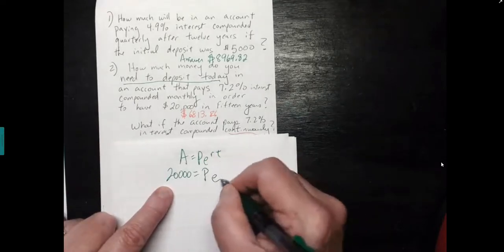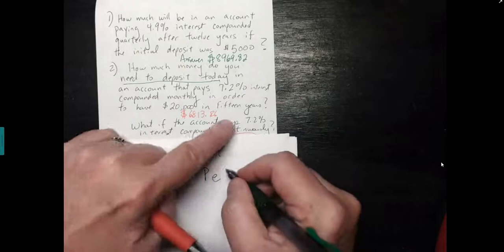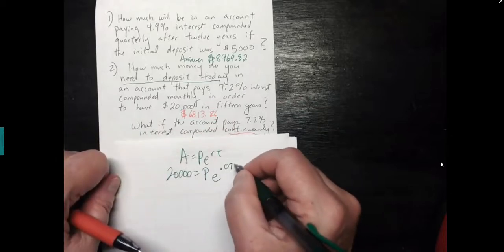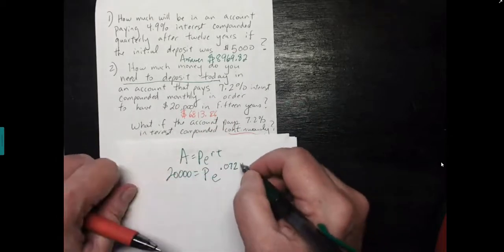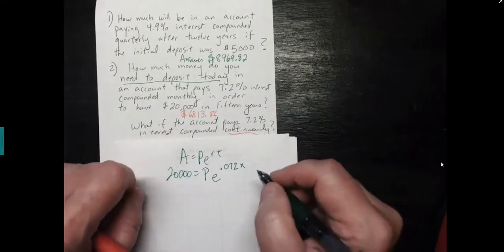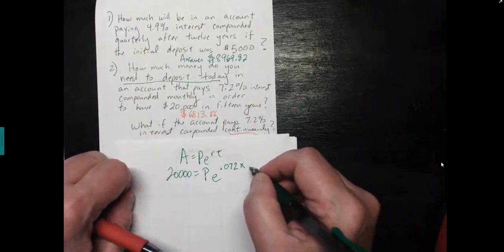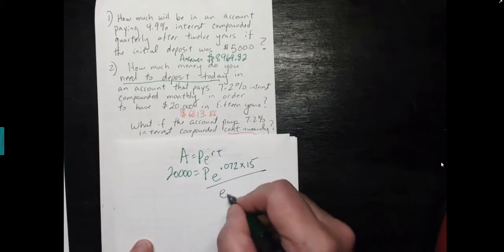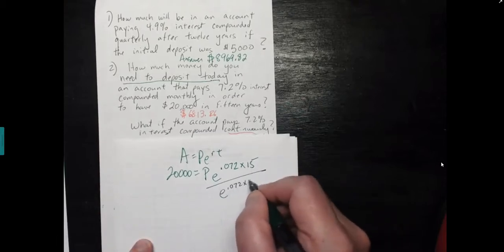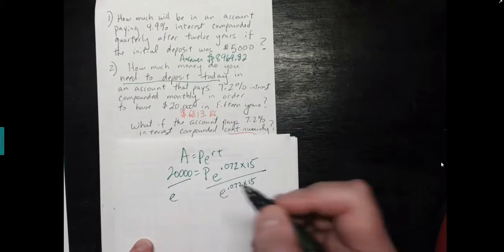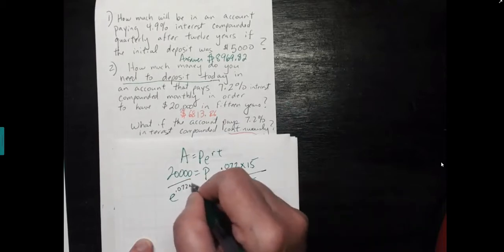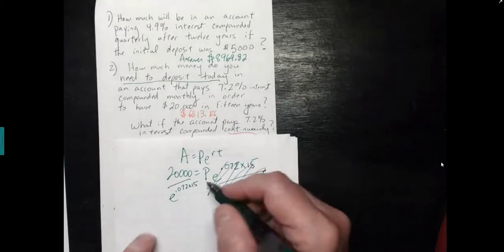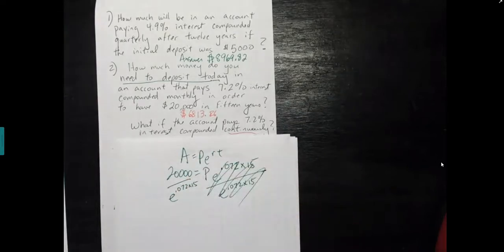We don't know how much we're beginning with, and R is 0.072, and T is 15 years. And again, to get the starting amount, I'll just divide both sides by that. And that will cancel, and this will give me my starting amount.